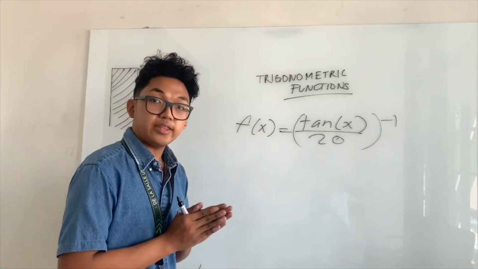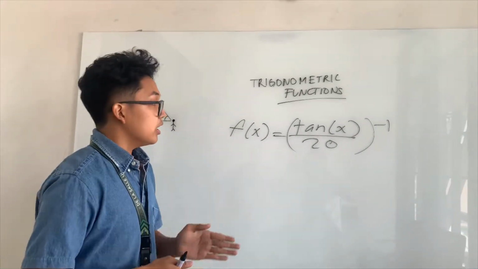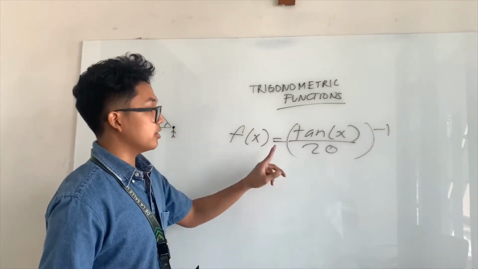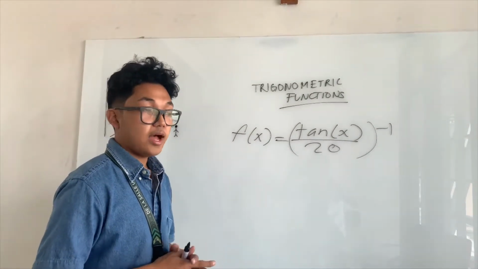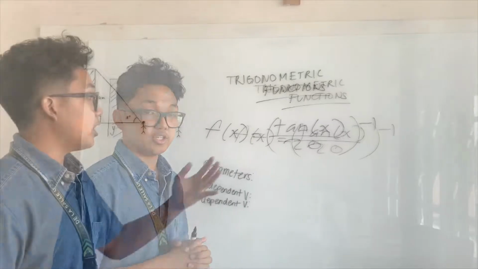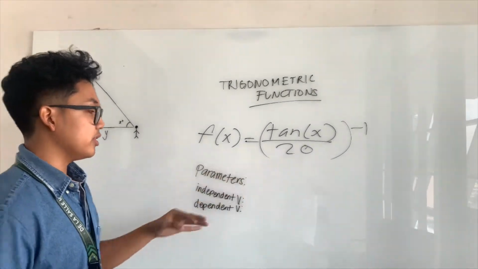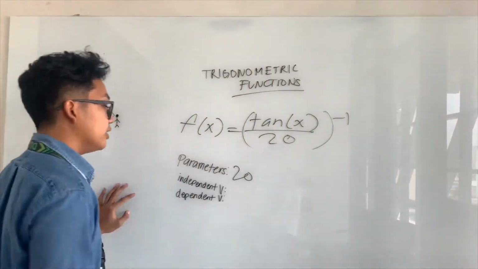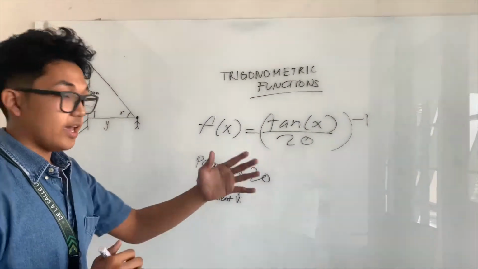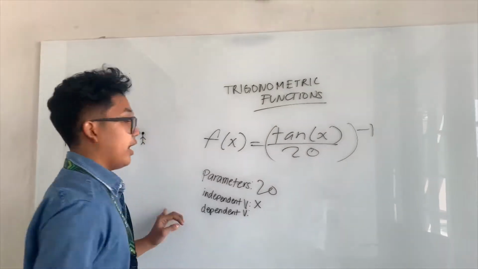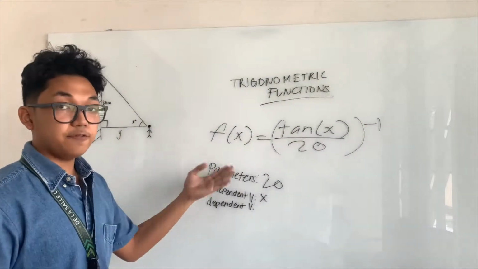This is a trigonometric function because of the presence of the term tangent, one of the trigonometric functions. The parameter of this function, also known as the given, is the 20. The independent variable is x, and the dependent variable is f of x or y.